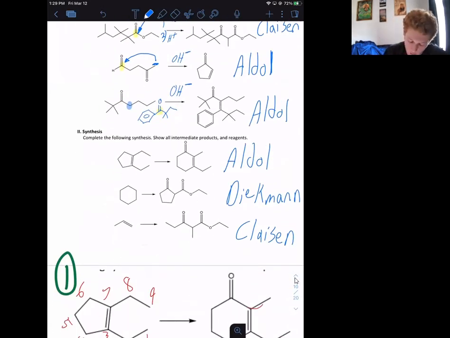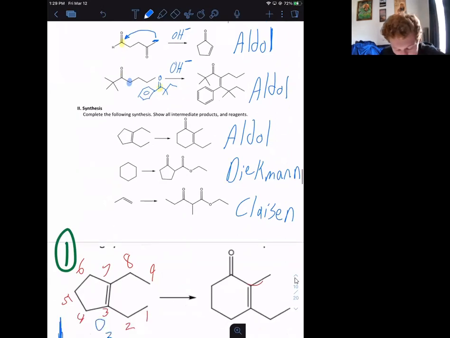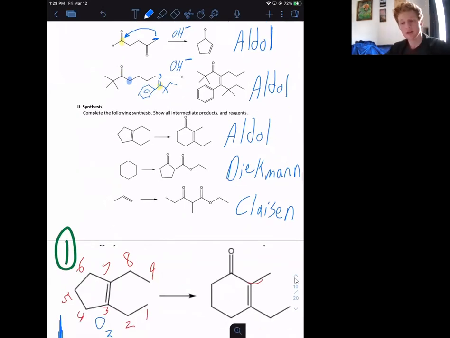Forgot where I was going with that, but hopefully that was helpful. So you'll notice in the synthesis problems, we got one aldol, one Dieckmann, and one Claisen. We can recognize that pretty quickly because we go from the formation of a beta keto ester, or no, not a beta keto ester, an alpha beta unsaturated ketone. Is that right?